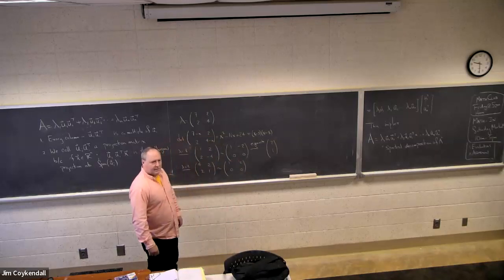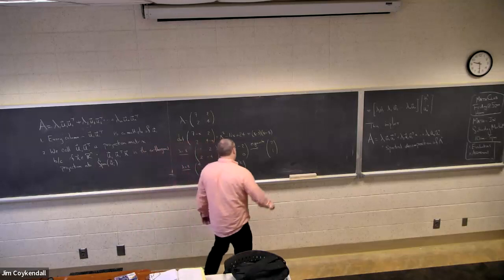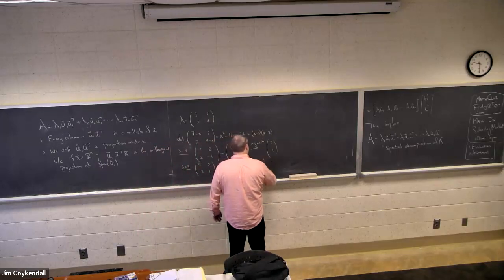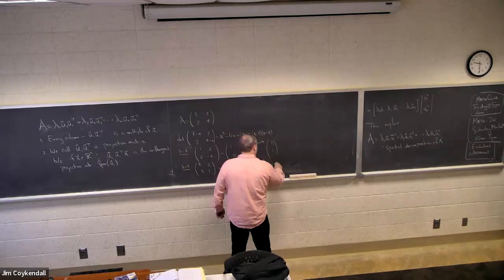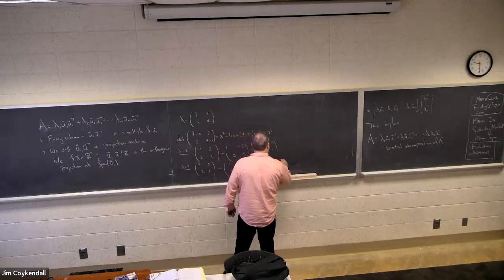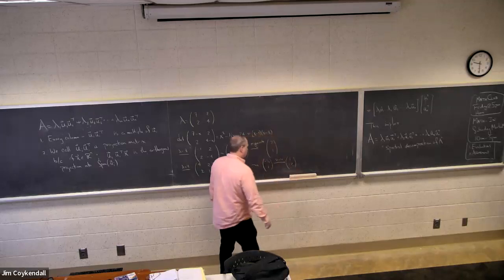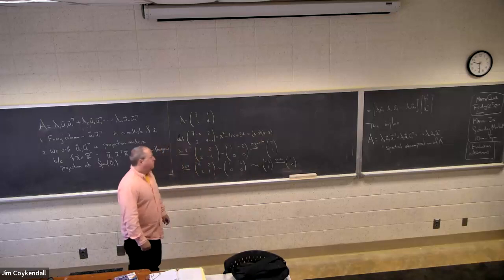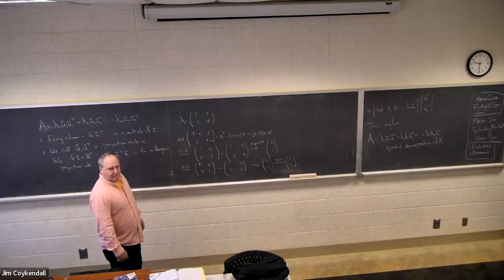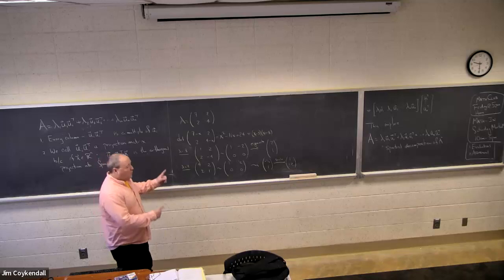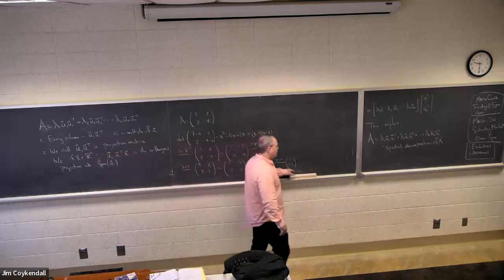So I get, let's say, 1, -1/2. And I'm going to scale this because I hate stupid fractions: 1, -2. Now we're ready to orthogonally diagonalize this.